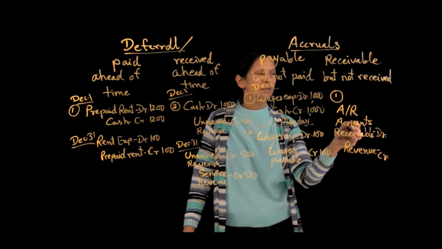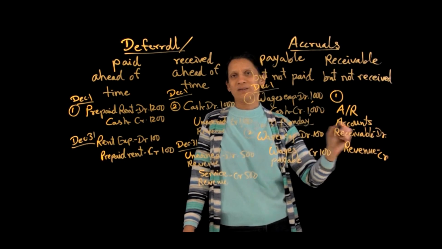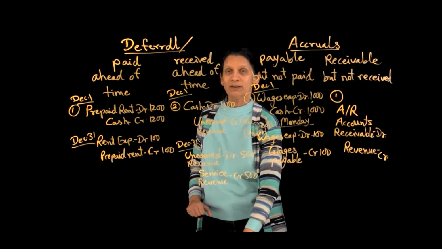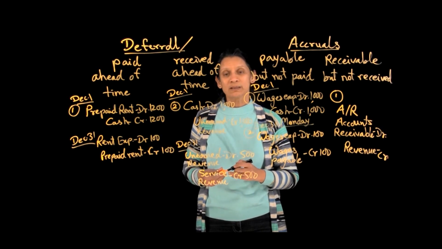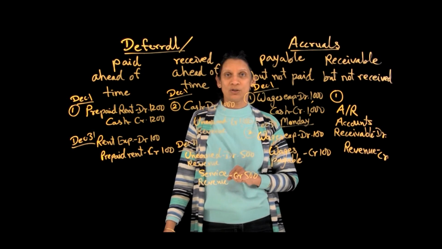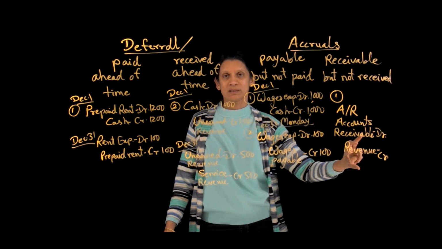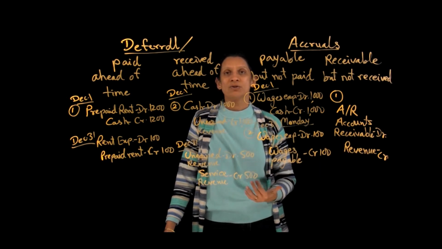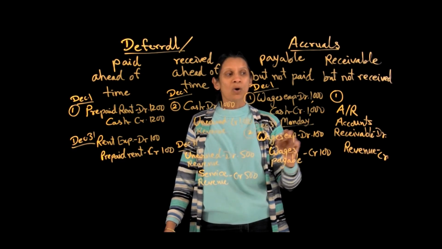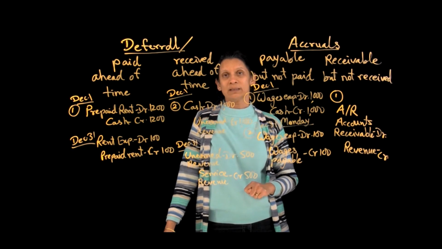So in this way, again, you will be touching one balance sheet account and one income statement account. So apart from going back to the original, what we need to remember is in the adjusting journal entry, you will never be using a cash account because all these adjustments are paper adjustments. There is no cash transaction happening. Either the cash transaction has happened before or the cash transaction is going to happen later in the next year.